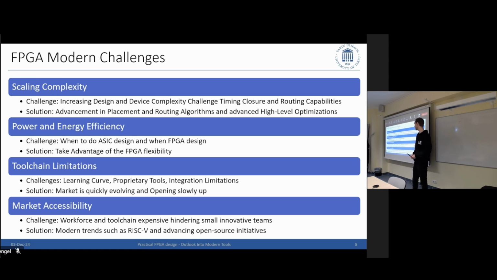There is always the question of what approach do I take? When do I do an ASIC design? When do I do an FPGA design? An ASIC design is when, especially when you have the resources, and these are again, on the one hand side, the FPGA resource requirement goes down because of all the tools, but it's still a learning curve.